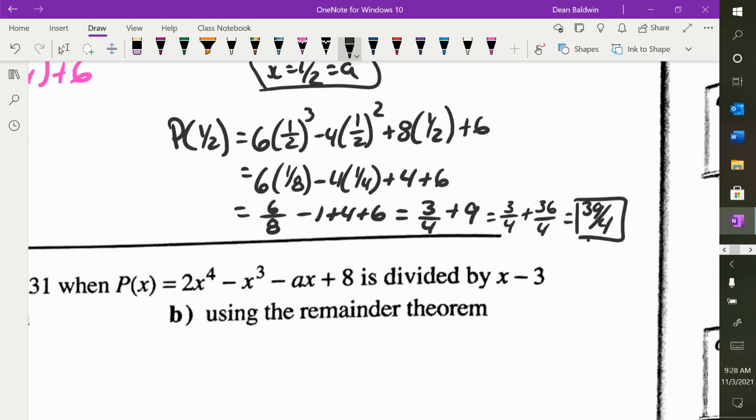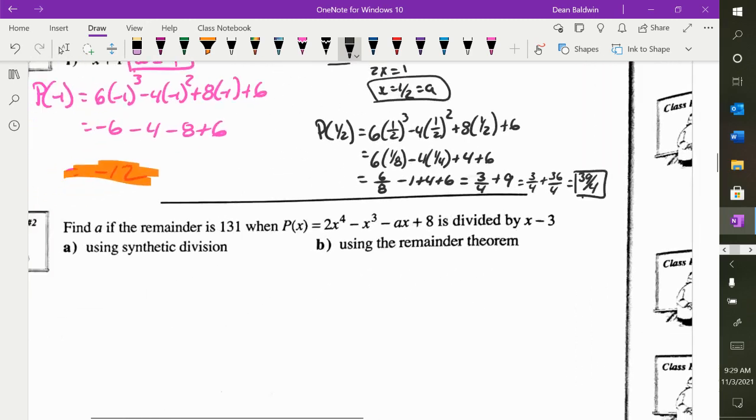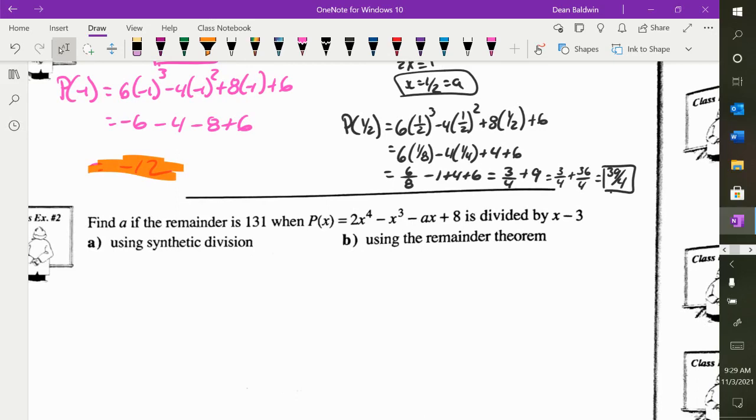On my tests, if this was a multiple choice question, the answer would be 39 over 4. They'd all be in fractional form. But you could just match that up with the decimal. And if you're going to take calculus, you need to be comfortable with fractions as well. All right, are we okay with that? Basically, if you need to find the remainder, just plug in the a value. That's all it's saying. Okay?